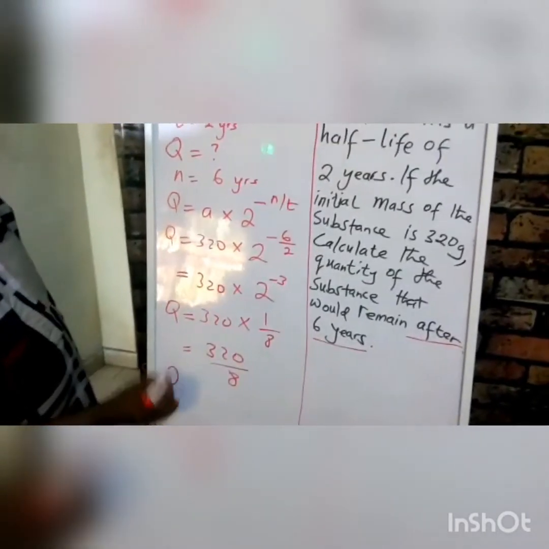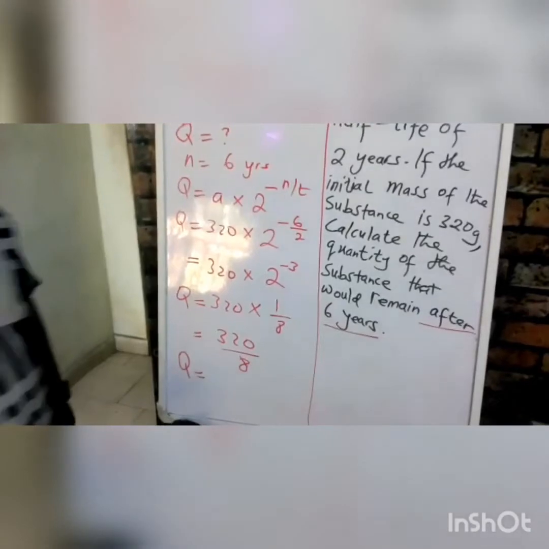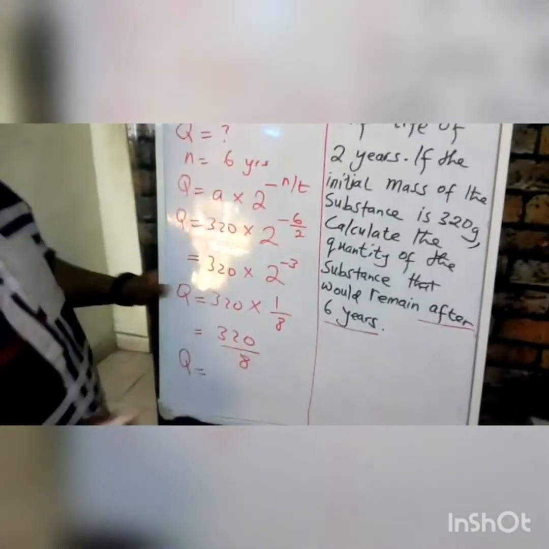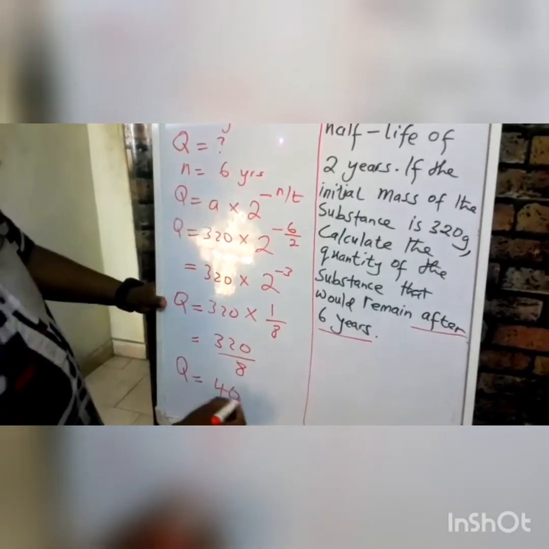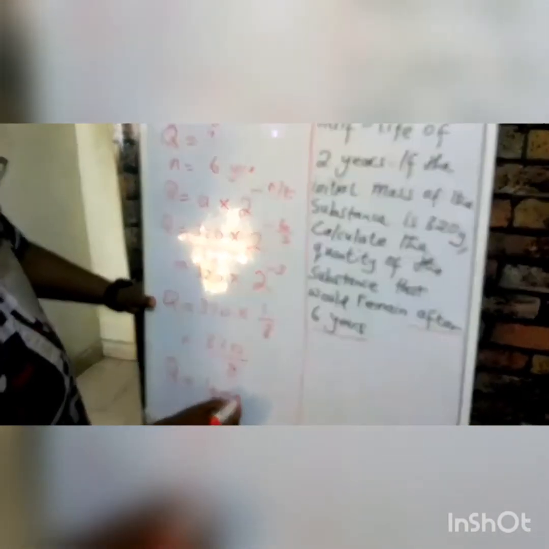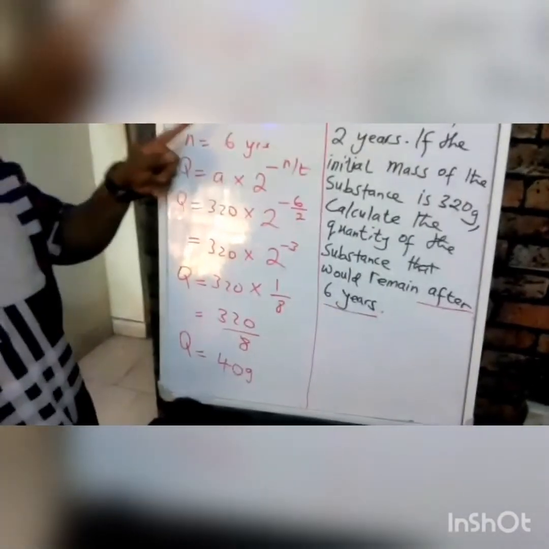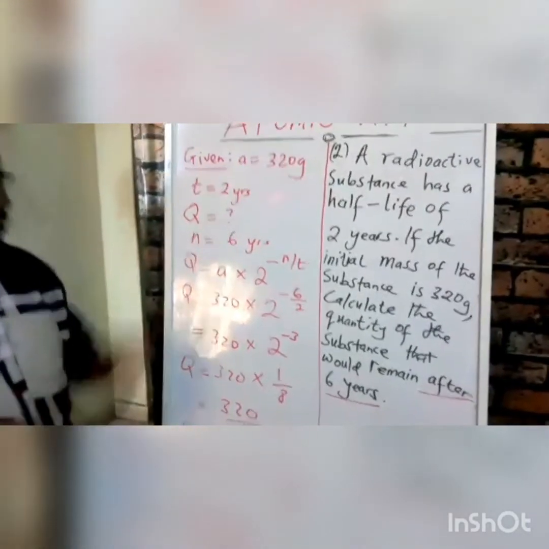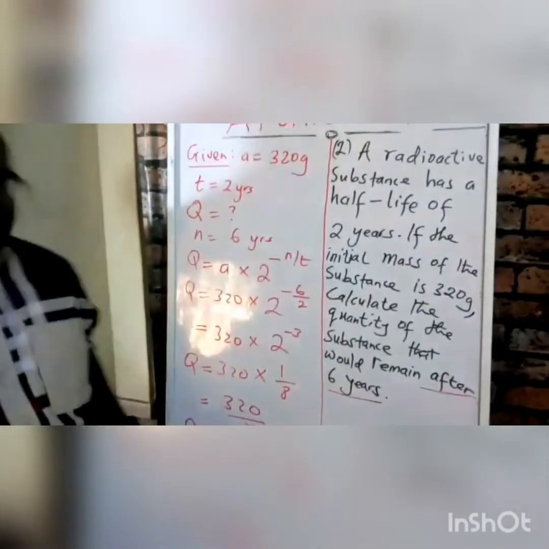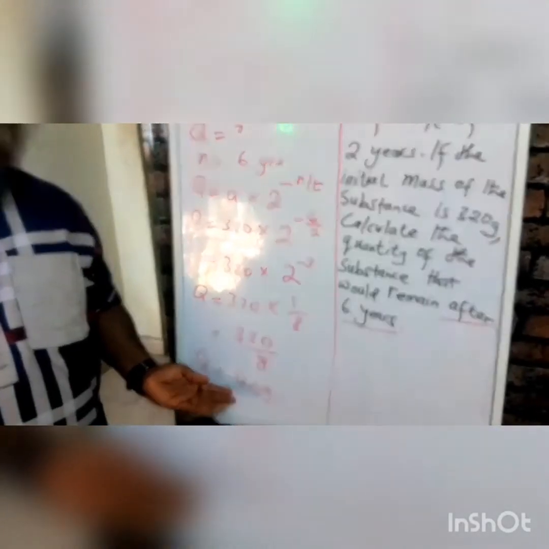And 320 divided by 8, that should be 40. So the remaining amount will be 40 grams left after 6 years for the substance with a half-life of 2 years and an initial amount of 320 grams. So this is the remaining amount, 40 grams of the substance.